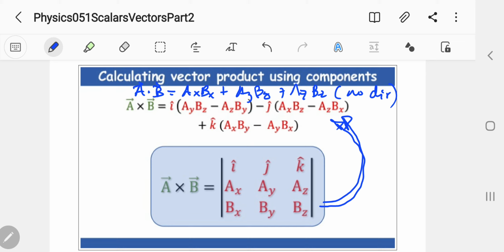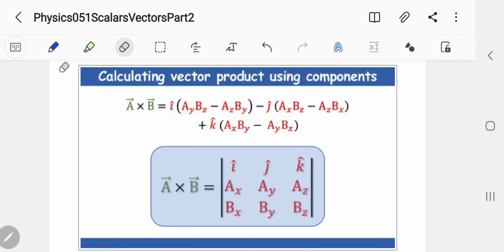It's purely scalar. But for A cross B, you have the direction i, j, and k. By the way, the middle term is negative. So that's the cross product.